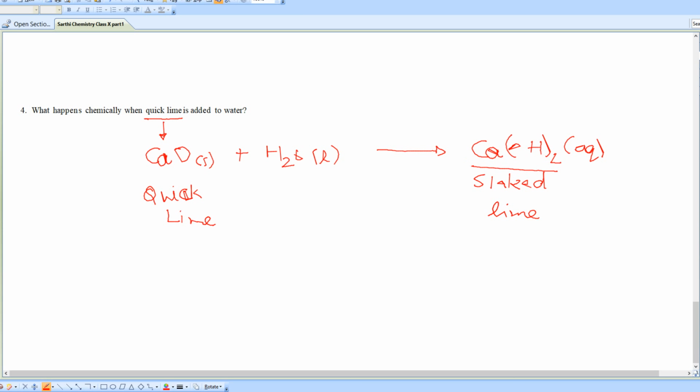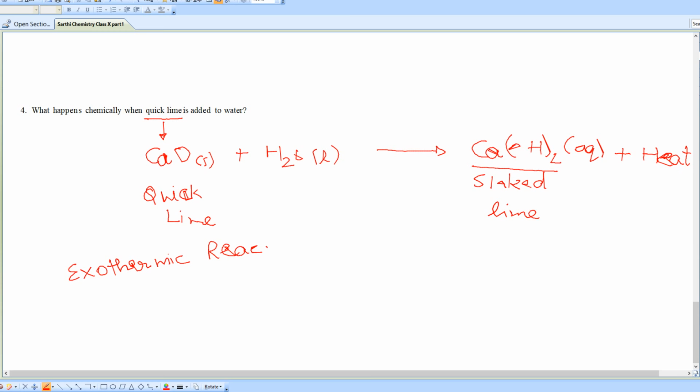Another thing that we have to know is that this is an exothermic process. This is an exothermic reaction, and the example is addition of quicklime to water to form slaked lime. As a result, along with slaked lime, we get a large amount of heat energy.